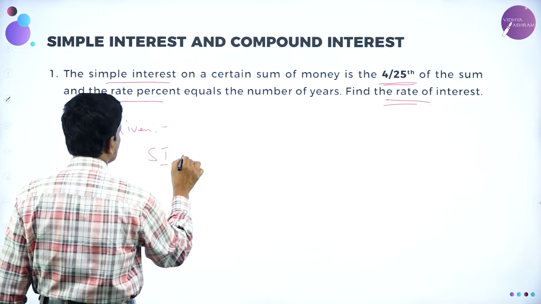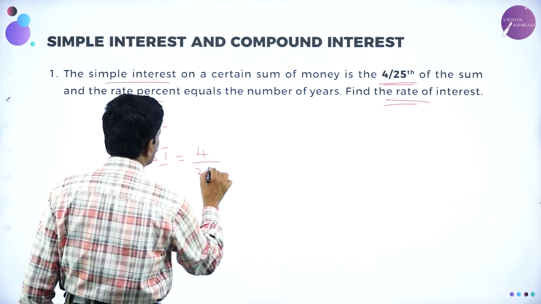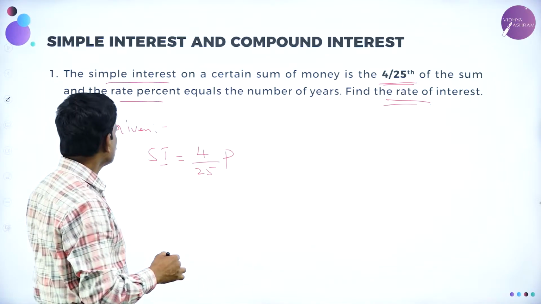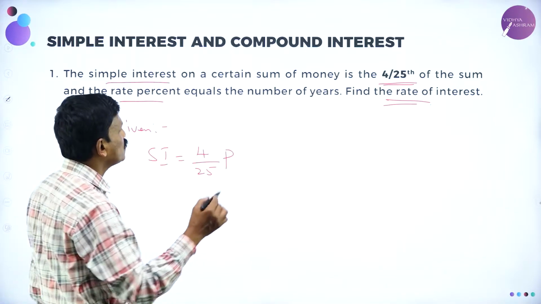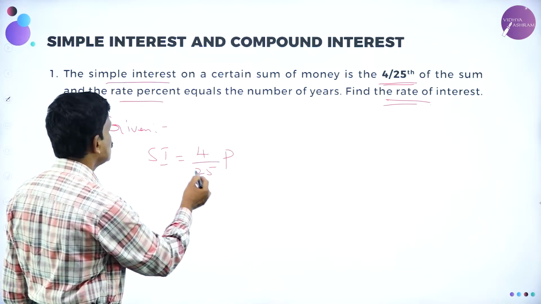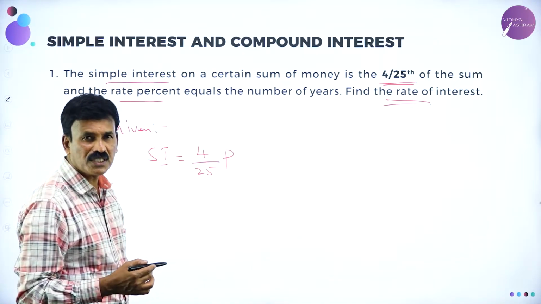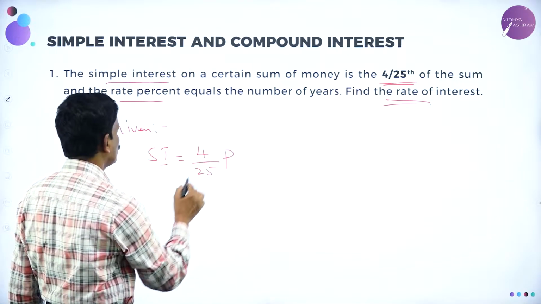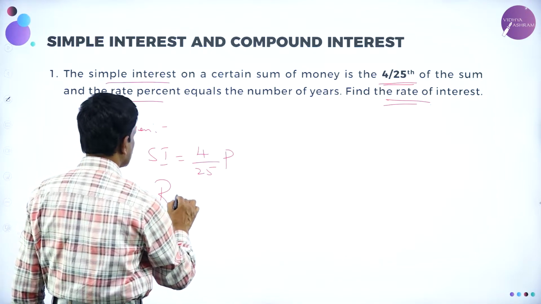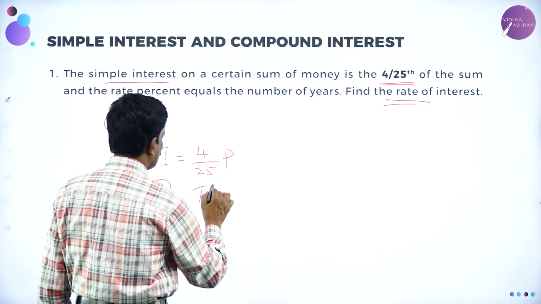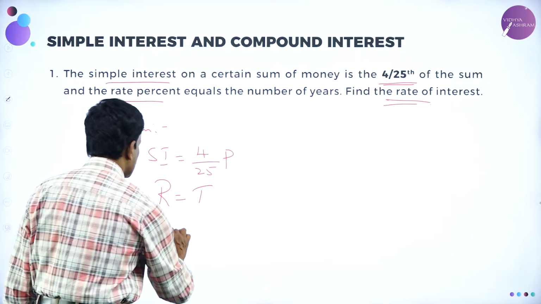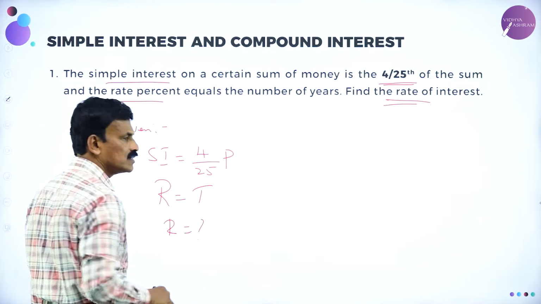Simple interest is equal to 4 by 25th of the sum, which is nothing but 4 by 25 times the principal, and the rate percent is equal to the number of years, the time taken. Find the rate of interest. R is equal to question mark.